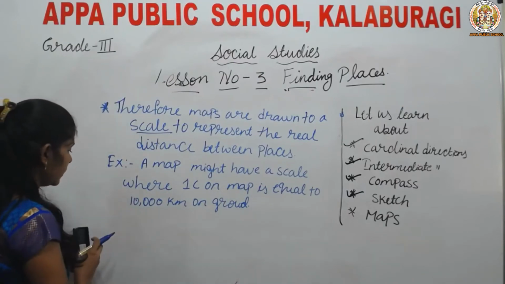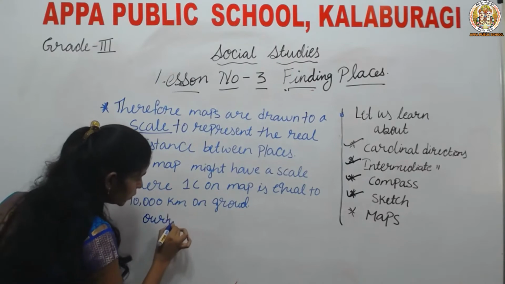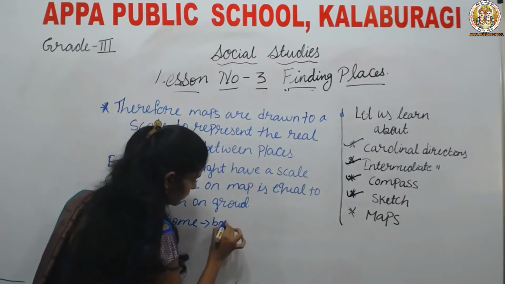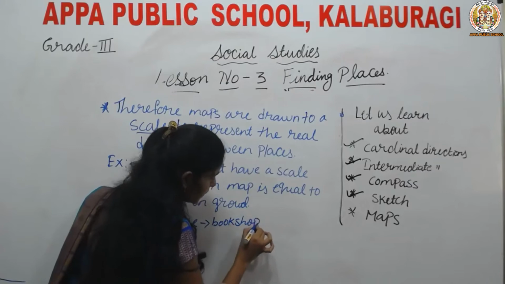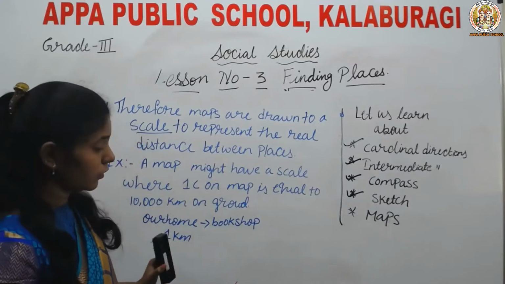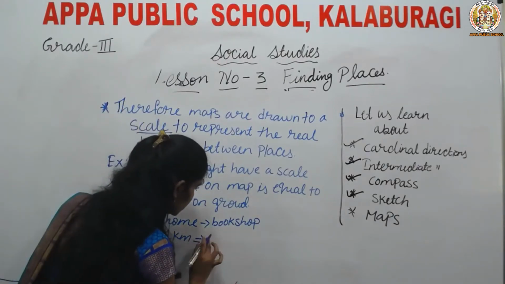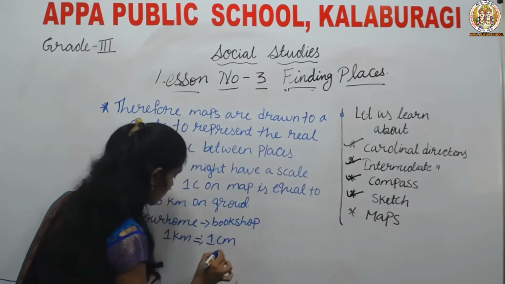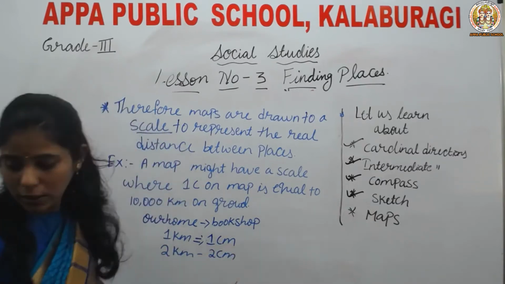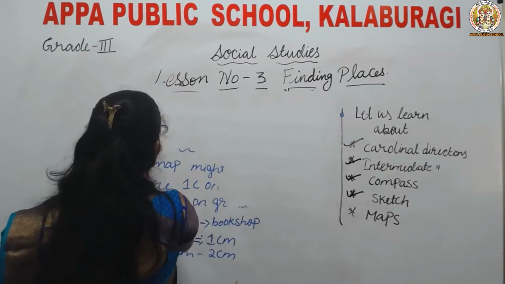See here, the distance from our home to the bookshop. 1 kilometer on the ground is equal to 1 centimeter, so 2 kilometers means 2 centimeters. Okay, understood about the map?